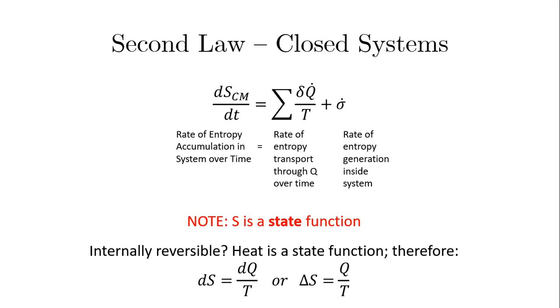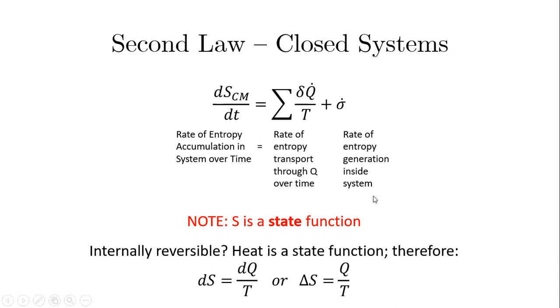Okay, and so that sigma dot term is equal to 0 when the process is reversible. This will go to 0 when the process is reversible. The heat term will likely stay unless it's adiabatic, and then I can discuss the change in entropy.